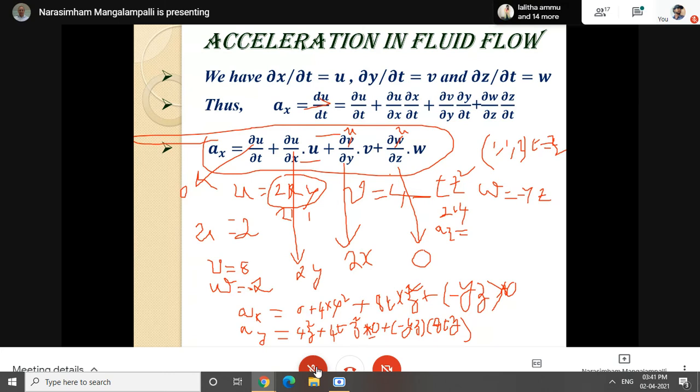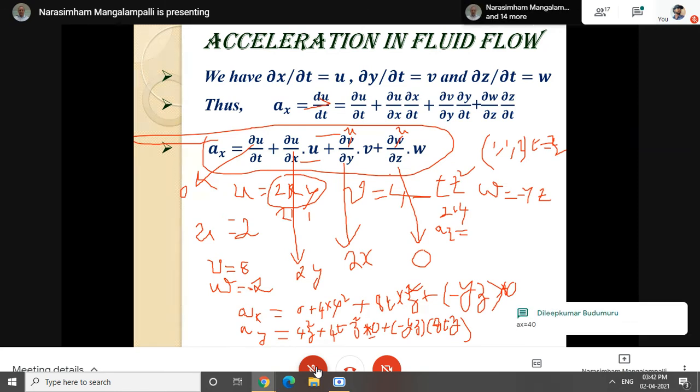So that is 4 only. 8t, 8 into 2, 16. AY: 8 into 2 into z square is 4, 8 into 2, 16, 64. 64 plus 4 is 68.